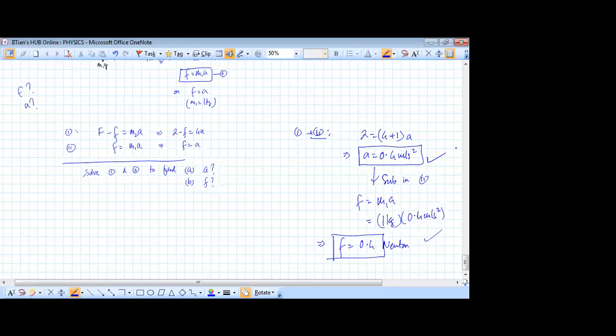Okay, so they'll have the same numerical value, but remember they will have different units, because friction is force and acceleration is rate of change of velocity. So this is another critical aspect of this thing, Newton's laws of motion.